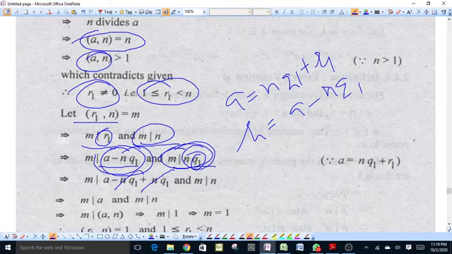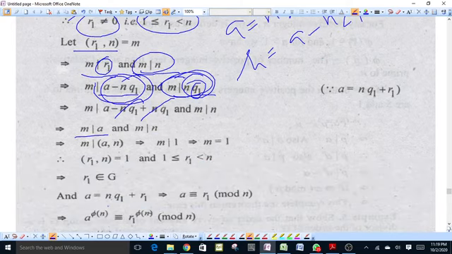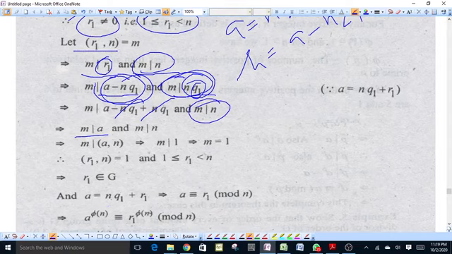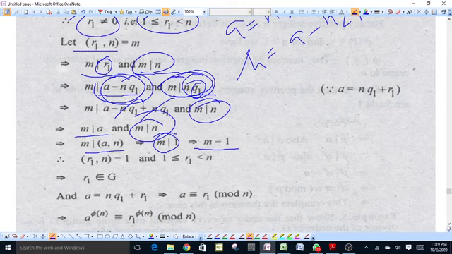These two cancel out and this comes out to be m divides a, and also m divides n. This means m divides GCD of a and n, but a and n are relatively prime. This means m divides 1. This means m is equal to 1. Therefore, GCD of r1 and n is equal to 1.